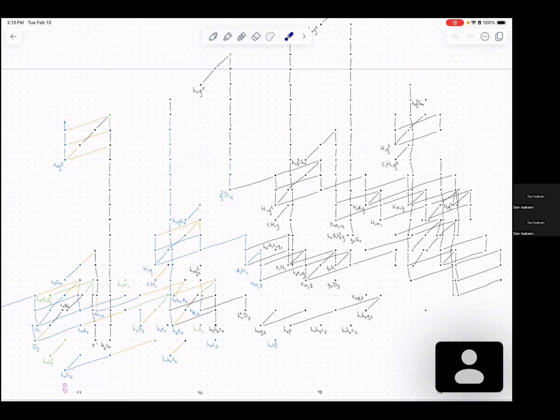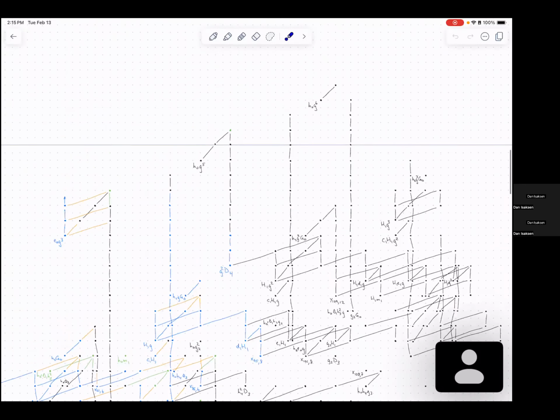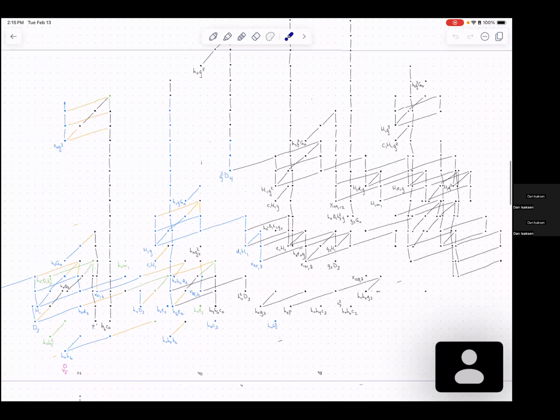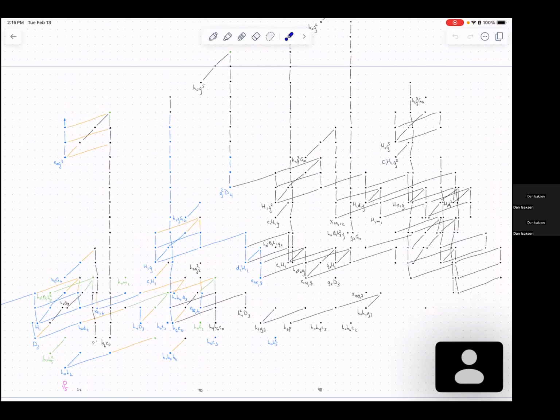This pattern along the top continues, and it's actually pretty regular. These exceptional guys are spaced out exponentially. Then it's just alternating between lines and hooks, which is like a KO type thing for sure. But there's something qualitatively different along the bottom that I didn't expect from the previous slide.